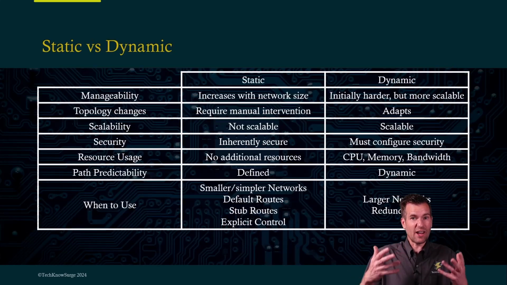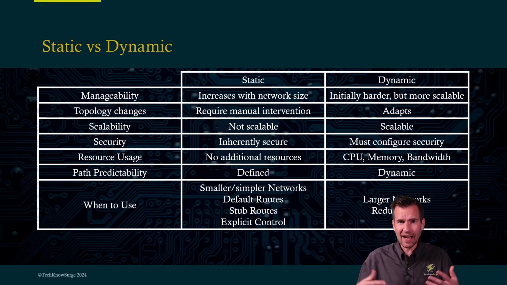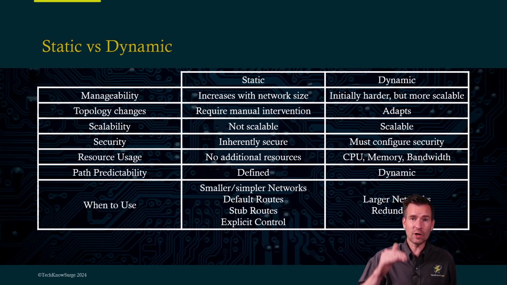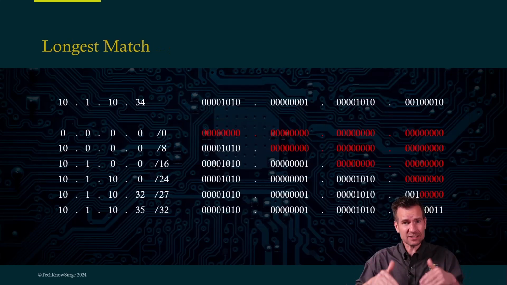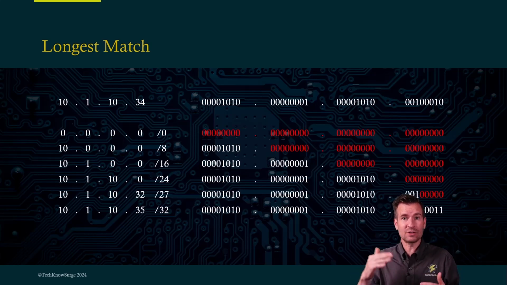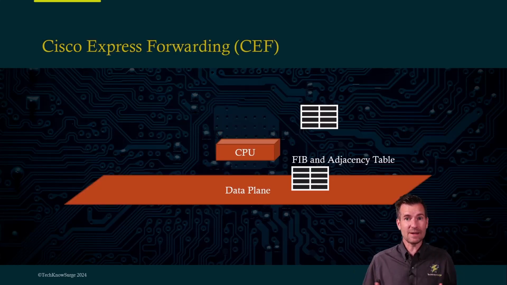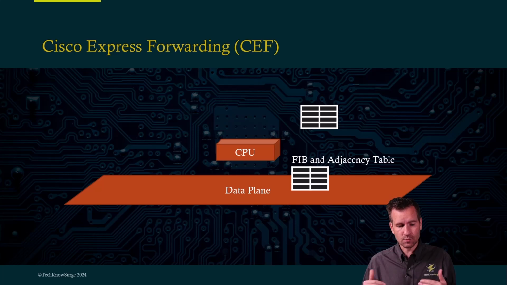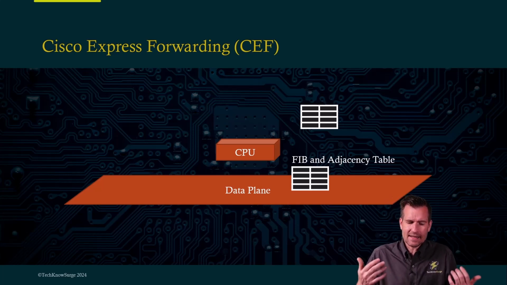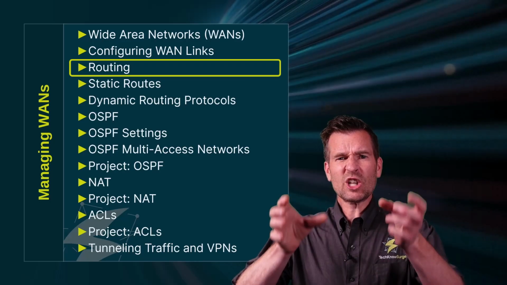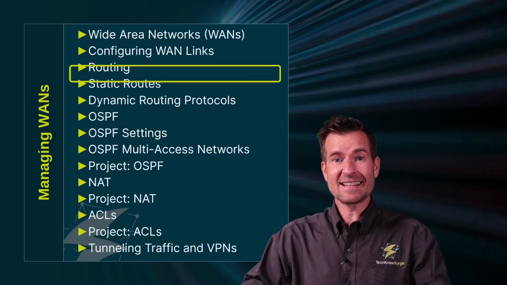And of course, those routers need to learn of those routes, so we talked about different ways that a router could learn of different routes within the network and how it chooses the best route if it has multiple routes to the same network, and how the router can speed up the process and utilize less resources, with things like Cisco Express Forwarding.